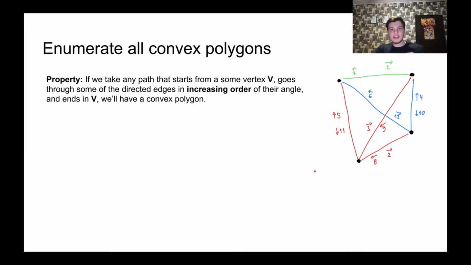If we only consider paths such that the directed edges are in increasing order of their angle, then we'll definitely have a convex polygon.